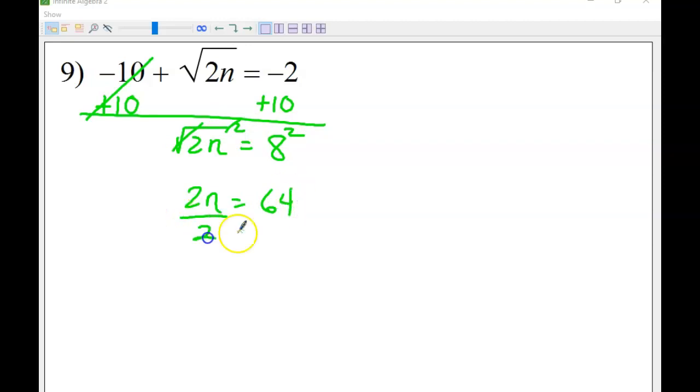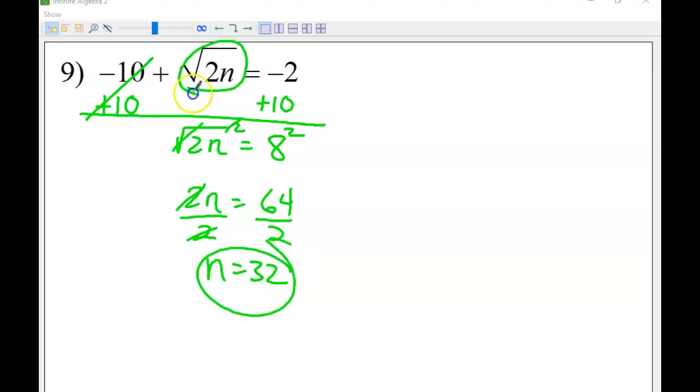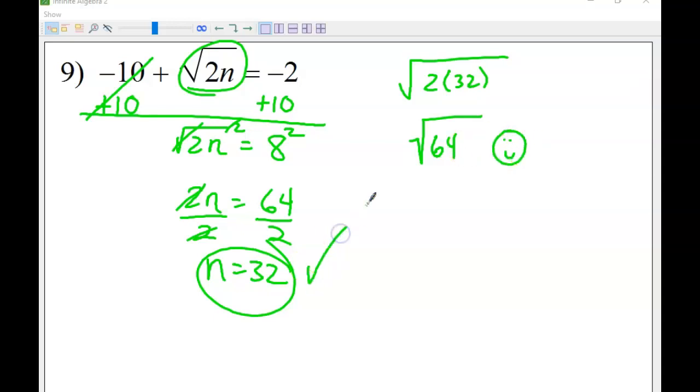And then you divide both. In this case, we would divide both sides by 2 to get 32. And you always want to make sure that your answer, if you plugged it into the square root, will not make the radicand anything negative. In this case, it doesn't, so we're good. And our answer is, in fact, 32.